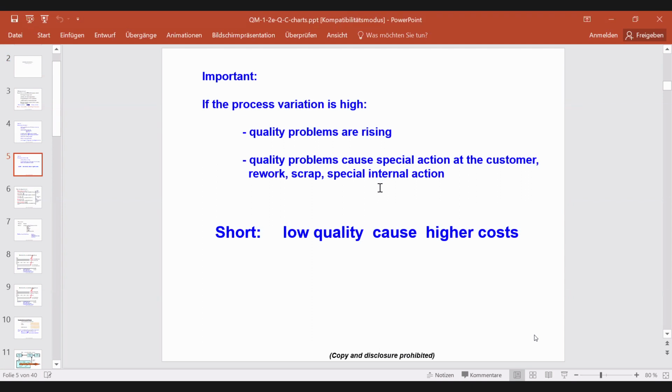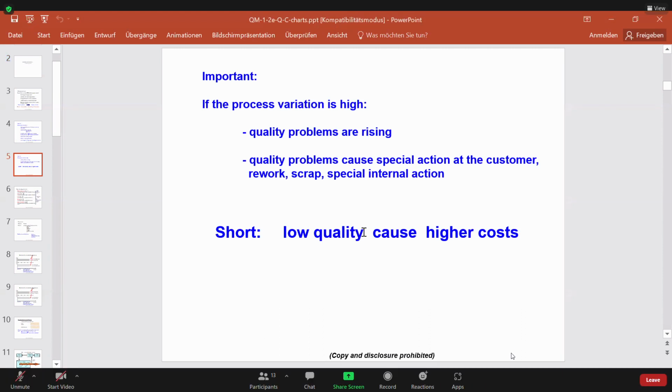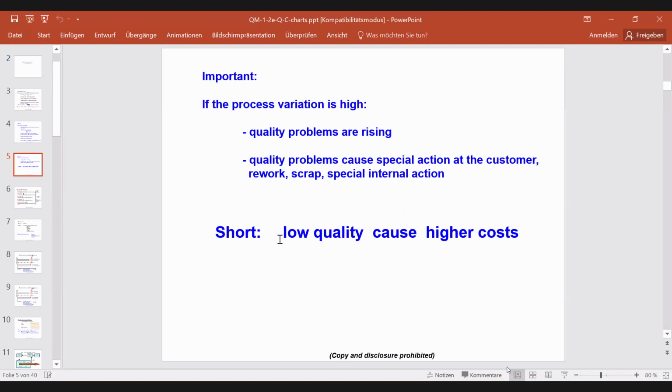This is not the goal. It is the goal to get a low variation. If you have only a low quality, this means big variations, you have automatically higher costs in the company. And this cannot be the goal.